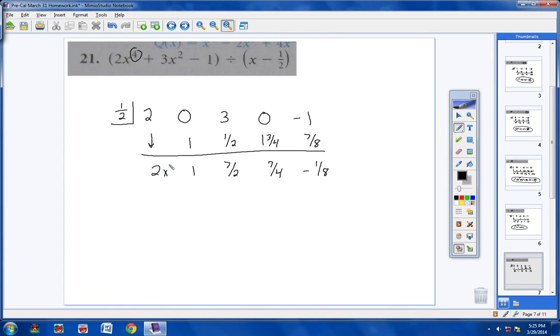And so your highest power is an x to the 4th. So your 2 would be an x cubed term. Your 1 would be an x squared. Your 7/2 would be an x, and 7/4 would be your constant term. So your final answer would be 2x cubed plus 1x squared plus 7/2 x plus 7/4.